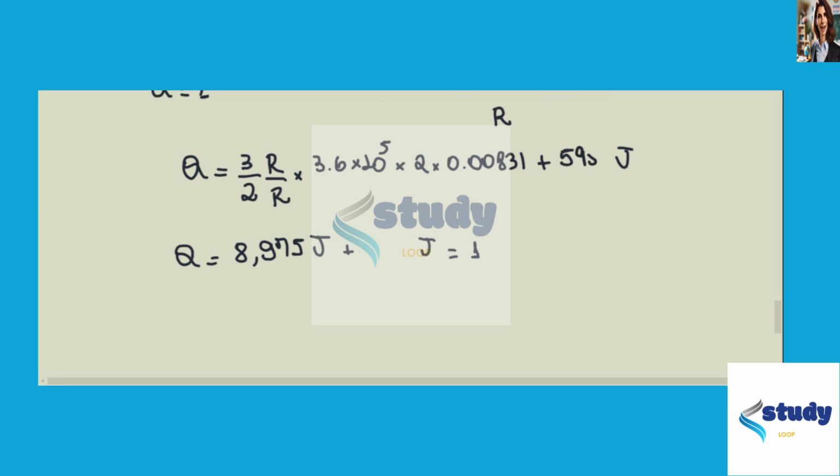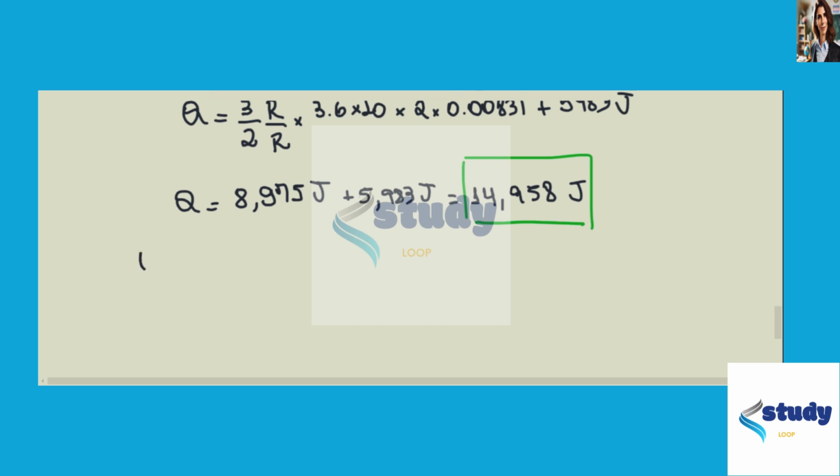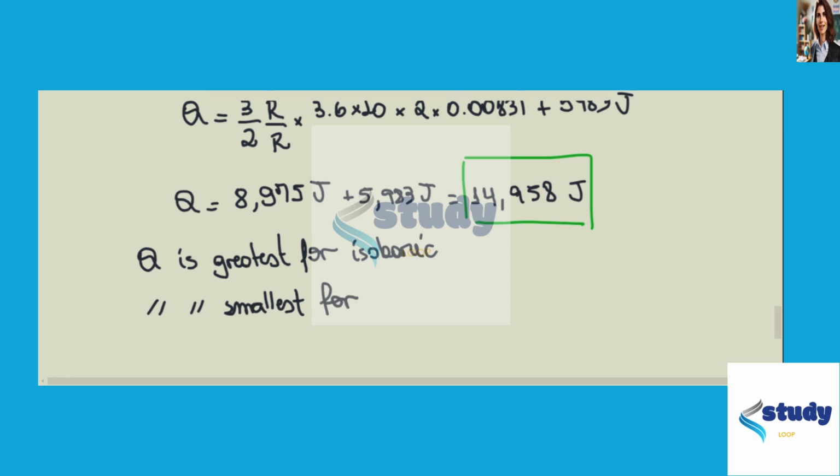It should be 5983. So it's 14,958 joules. Okay. So the greatest heat is for the isobaric case, and it's smallest for the adiabatic case, as it should be.